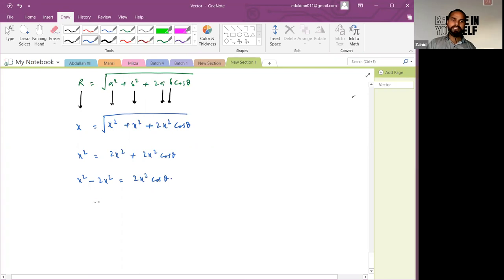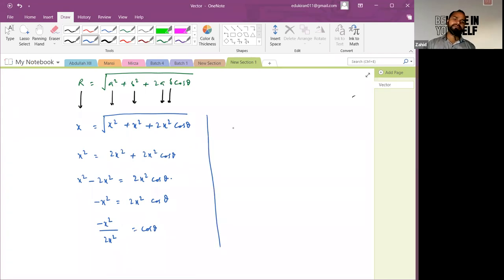So on subtracting these two terms, you will get minus x squared is equal to 2 times x squared cos theta. Move this term to the other side, you will get minus x squared divided by 2x squared is equal to cos theta, or cos theta is equal to minus 1 by 2.